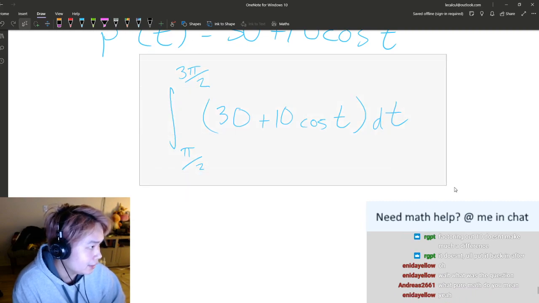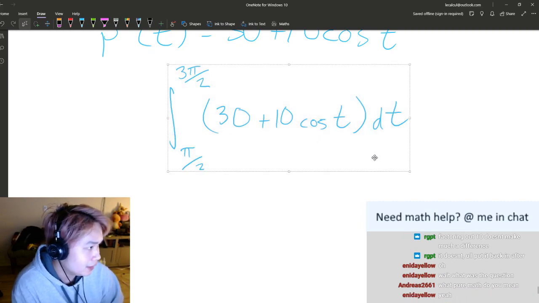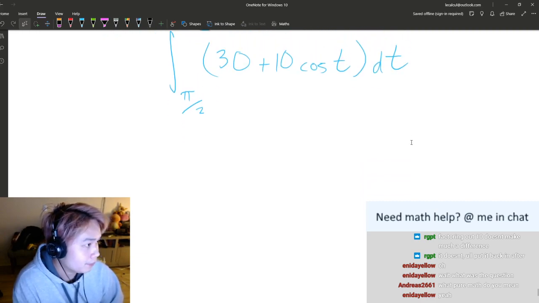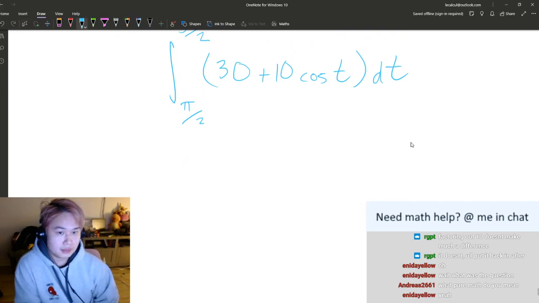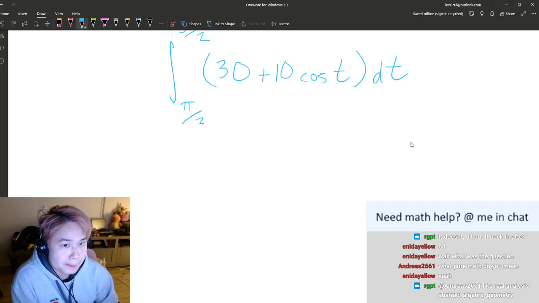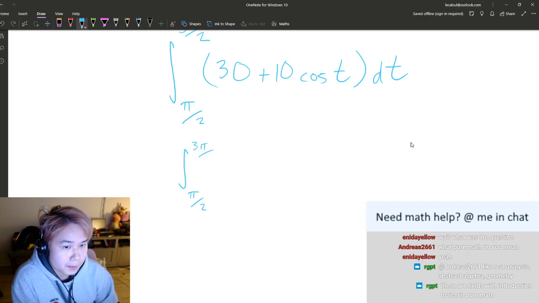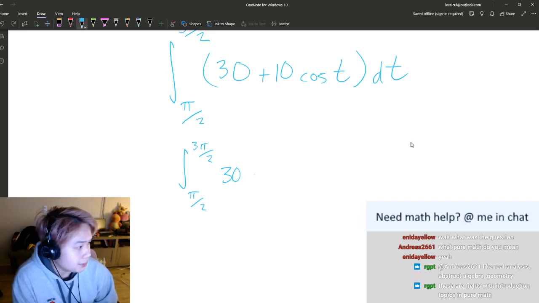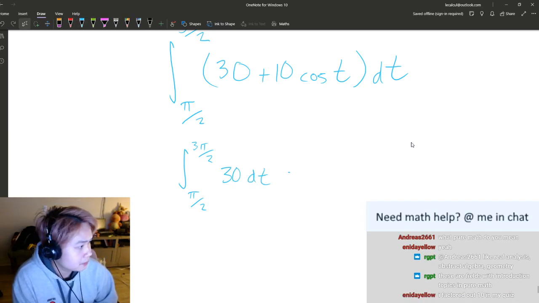Once you get to here, like making this equation yourself, then the rest is pretty straightforward, unless you're having difficulties actually doing the integration. Because from here you can just split up the integration into the two terms.